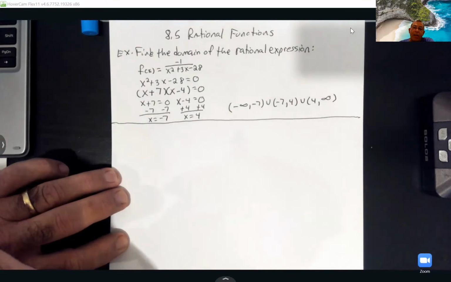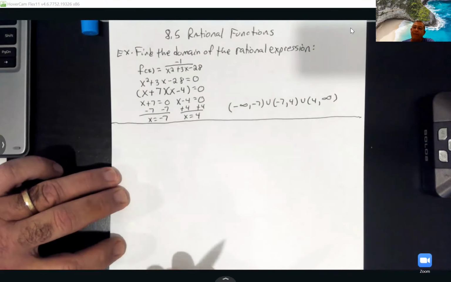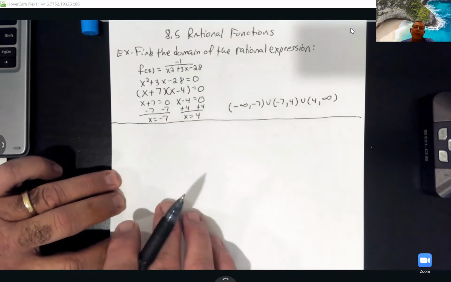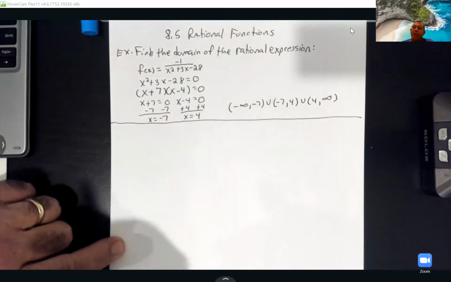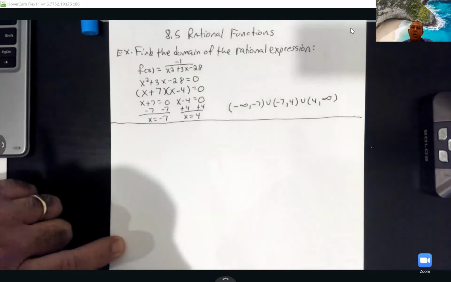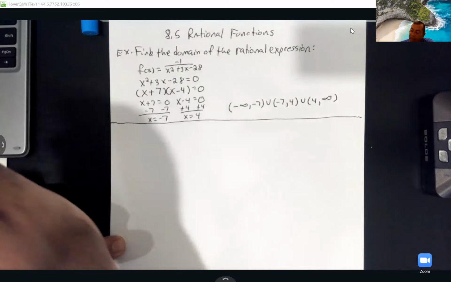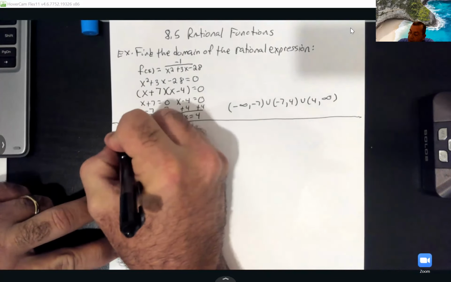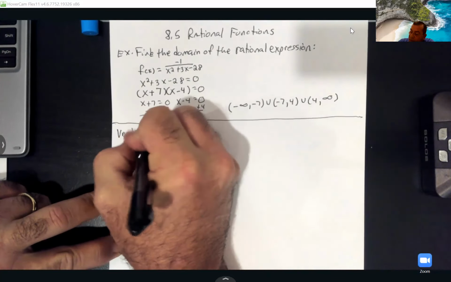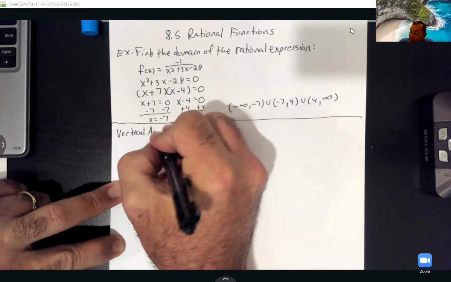All righty, so then we're going to get into the new stuff for 8.5. I'm going to give us a few definitions here on vertical asymptotes, horizontal asymptotes, and oblique asymptote. So first, y'all, I'm going to start with vertical asymptotes.